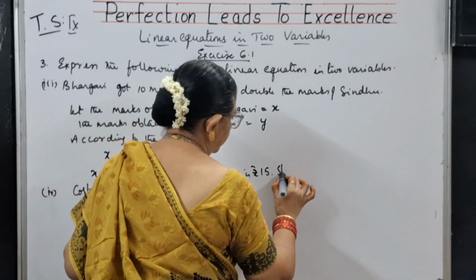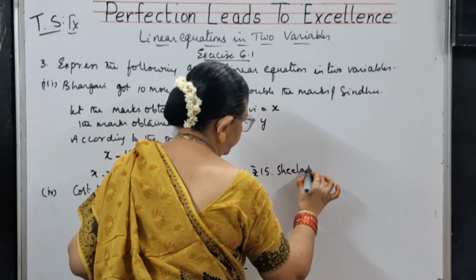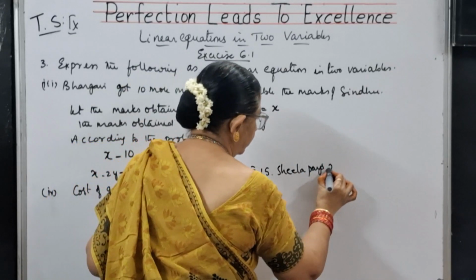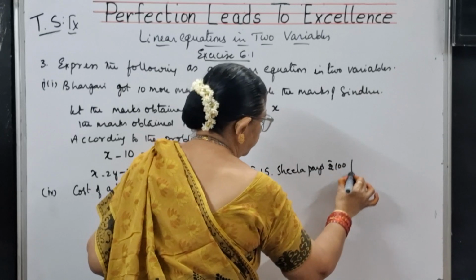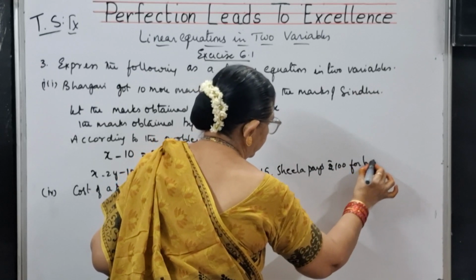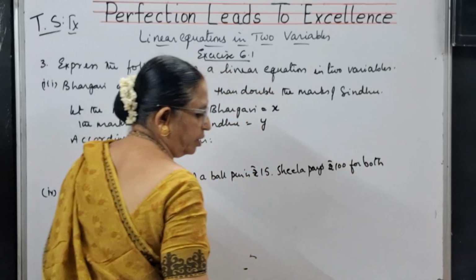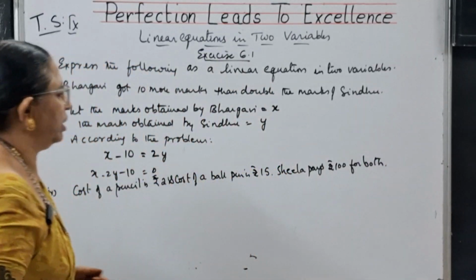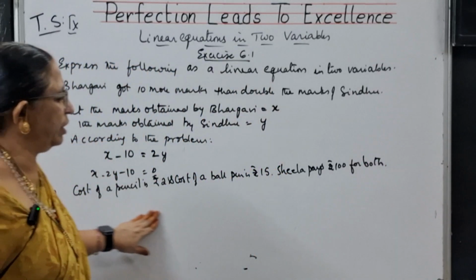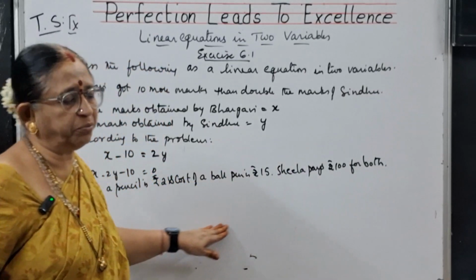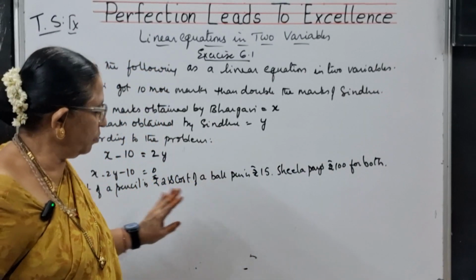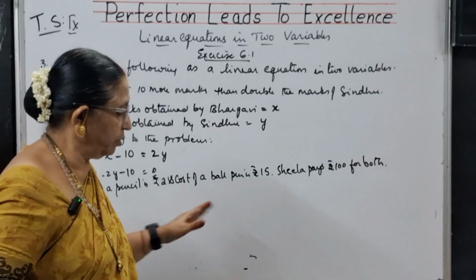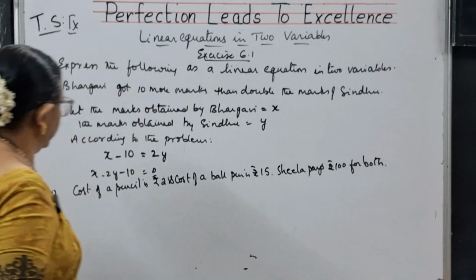Sheila pays rupees 100 for both, that is, for pencil and for pen. So you have to write an equation. I have simplified the problem from your textbook a little bit, children, because I want only the content. If you want to go through the correct one, you can use the textbook and get it, children.